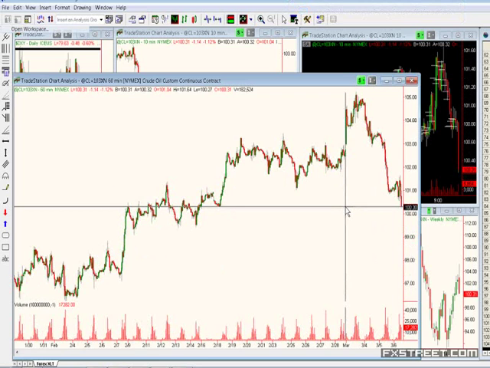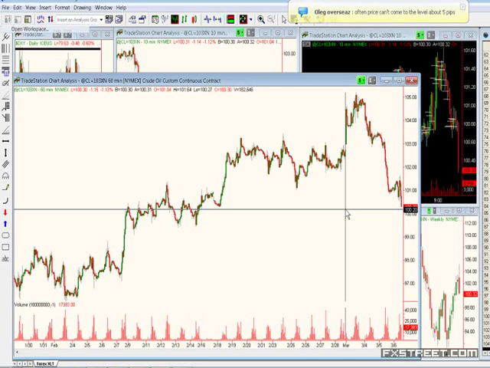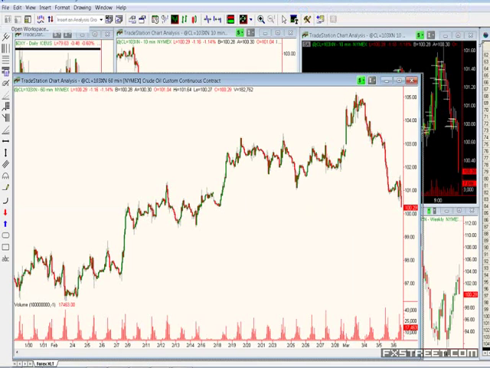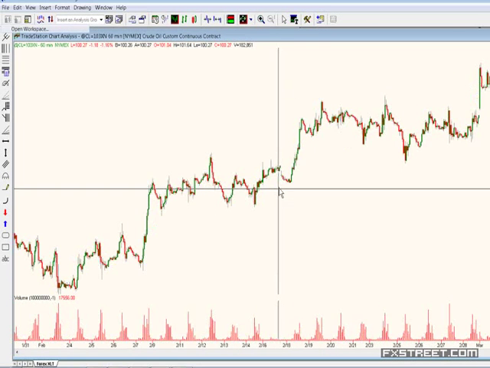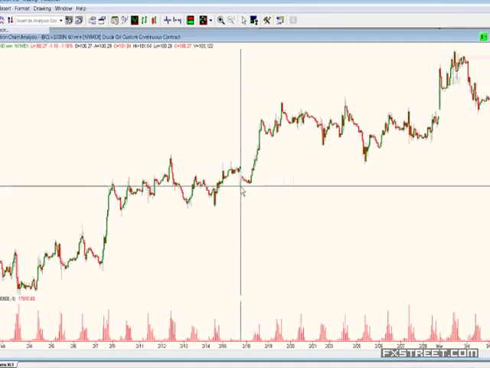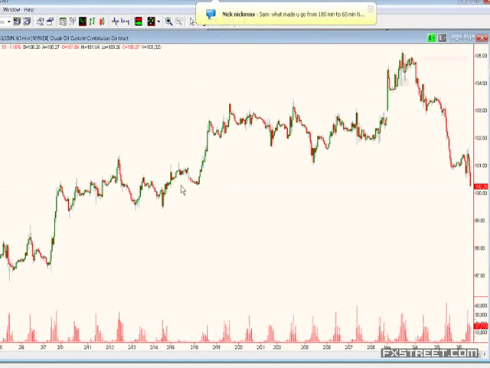So if we come down to this time frame, I see where price is at right now. Let me blow this up a little bit. Price just touched this level and turned.